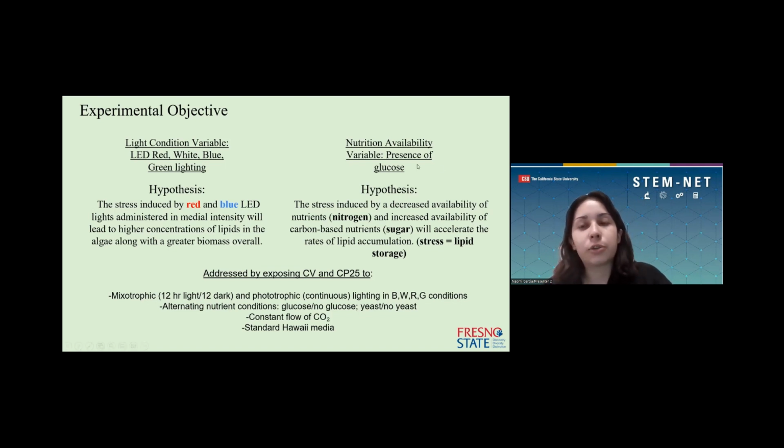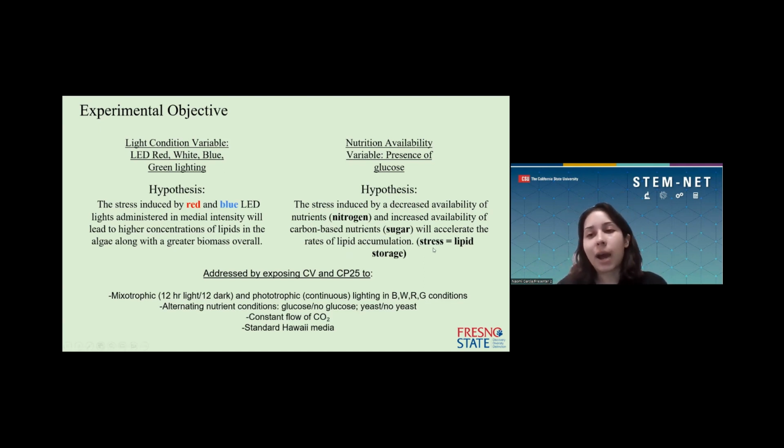When we look into nutritional availability, there's a very interesting relationship happening. In terms of nitrogen-based nutrients, decreasing their availability was found to accelerate the lipid accumulation rates and biomass. But for the carbon-based sugars, increasing their availability will in turn accelerate the rates of lipid accumulation.